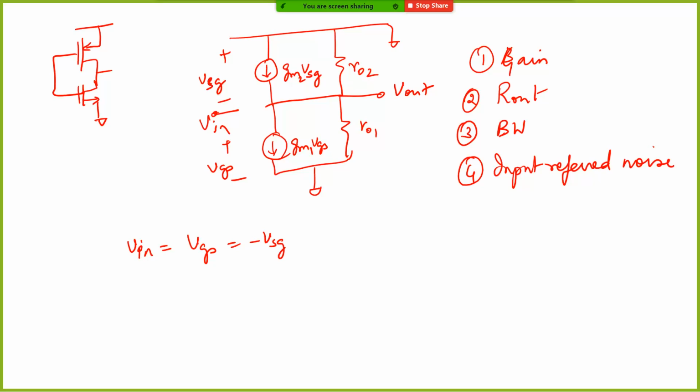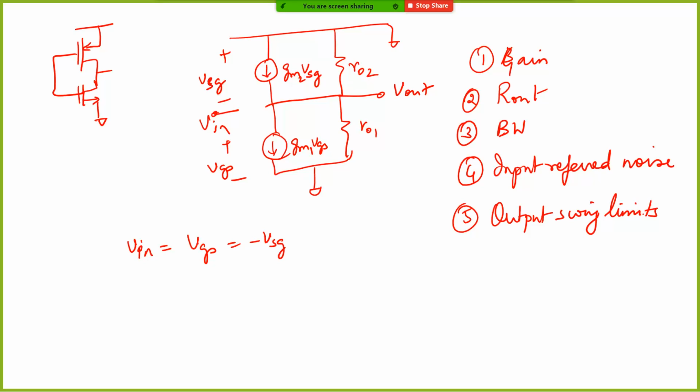Because both are uncorrelated, you can just add them together and then divide by the gain squared to get the input referred noise. And also the output swing limits. So take it as an assignment and derive it.